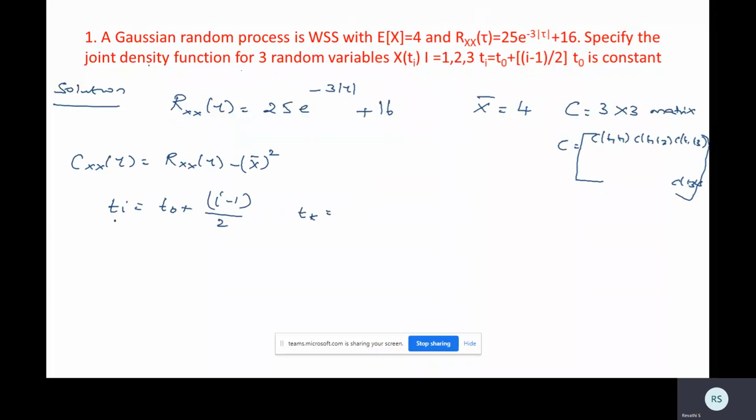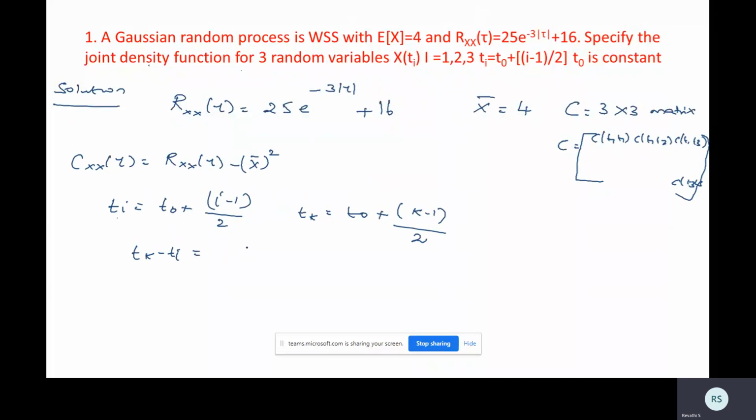Here we are given Ti, which varies with i. Now you define a similar time instance Tk, which is T naught plus (k minus 1) by 2. So instead of i, you just replace with k. Now you need to take the time difference only, not the absolute time. So what is Tk minus Ti?